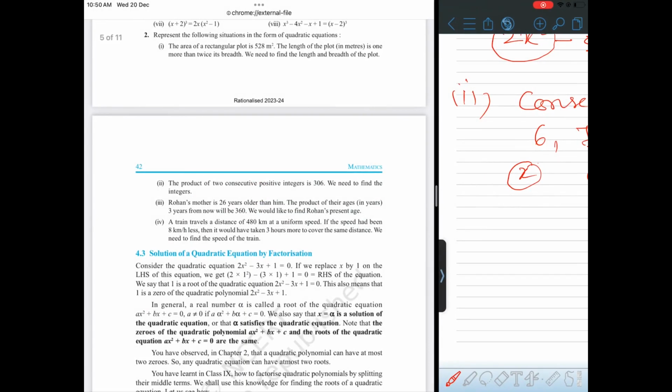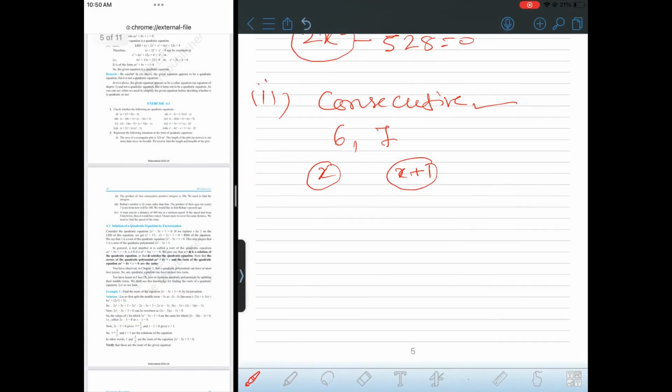So first you find out the numbers. Product is 306, so if the first number is x, the second number will be x plus 1.